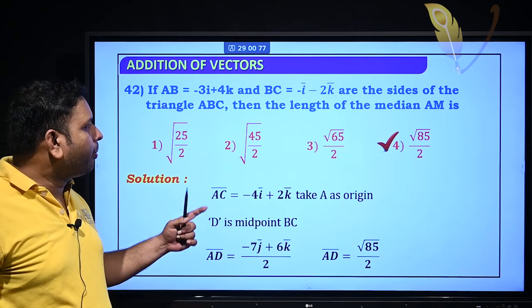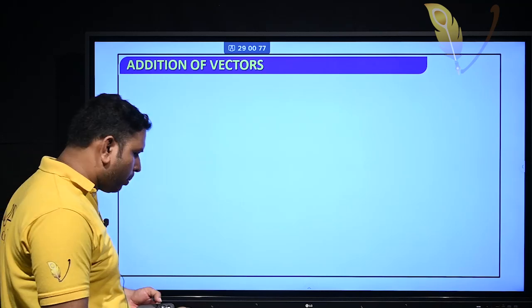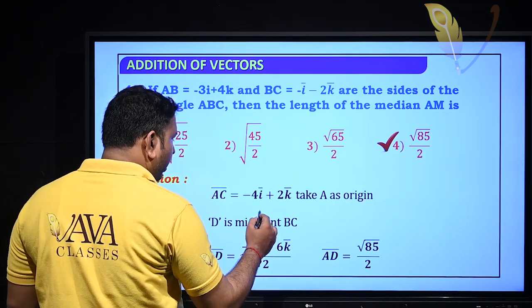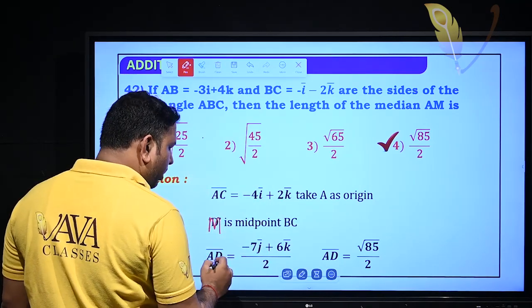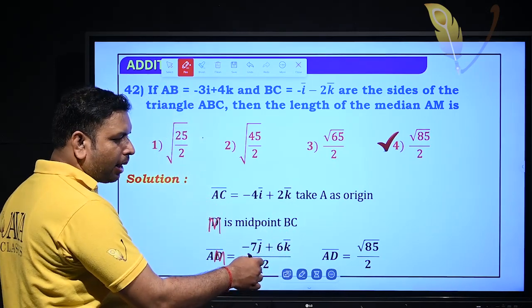The median AM means M is the midpoint of BC here, suppose. Actually it is asking for median AM. So M should be the midpoint of BC, and AM is (minus 7i cap plus 6k cap) by 2.